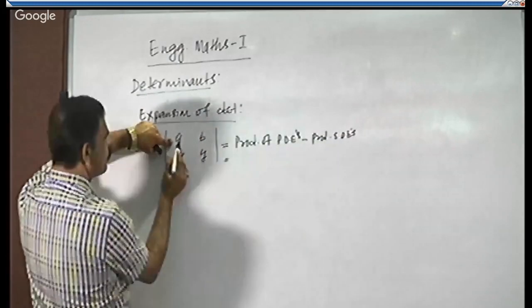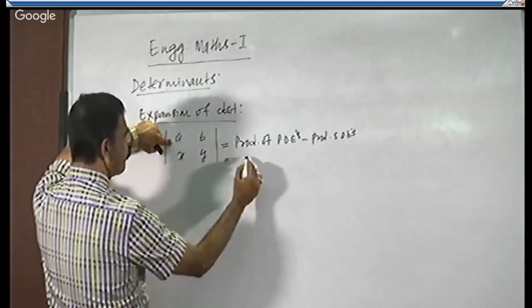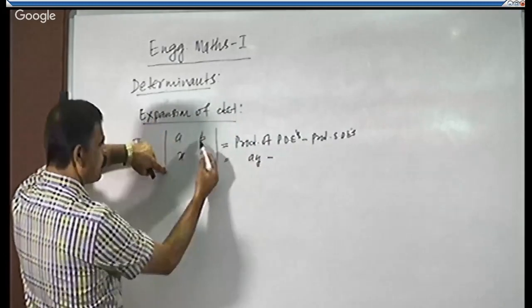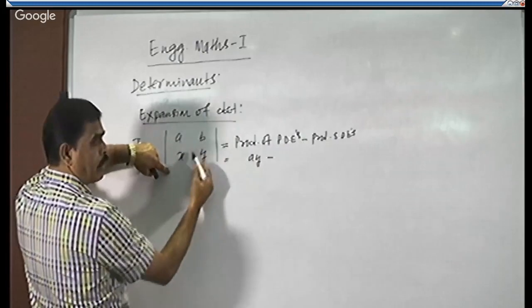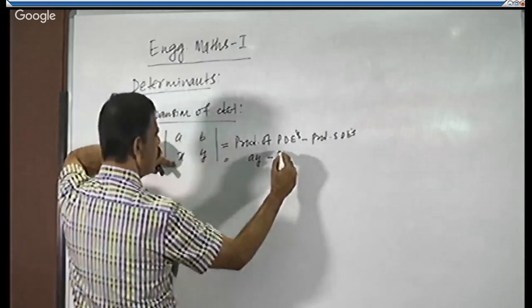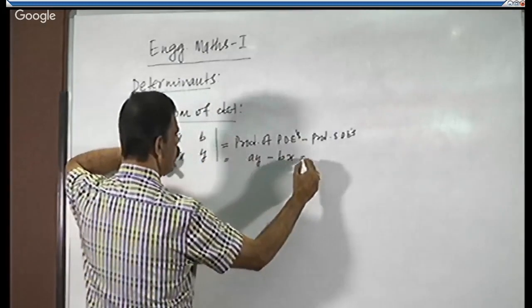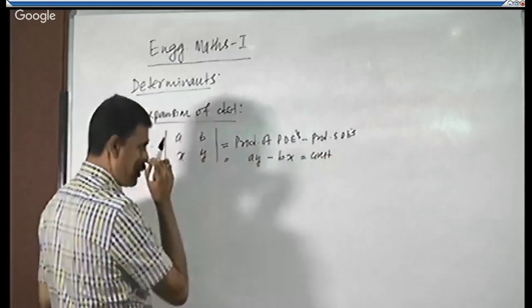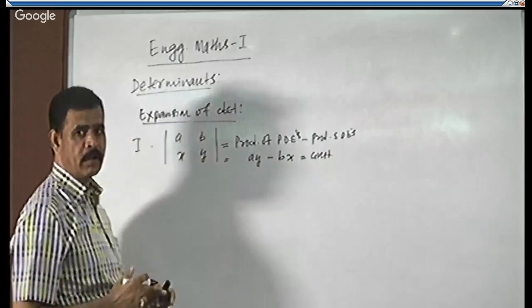Which are the principal diagonal elements? A and Y. Their product is AY. Minus. Which are the secondary diagonal elements? B and X. Their product is BX. Finally, you will get some constant. This is the expansion of a second order determinant.